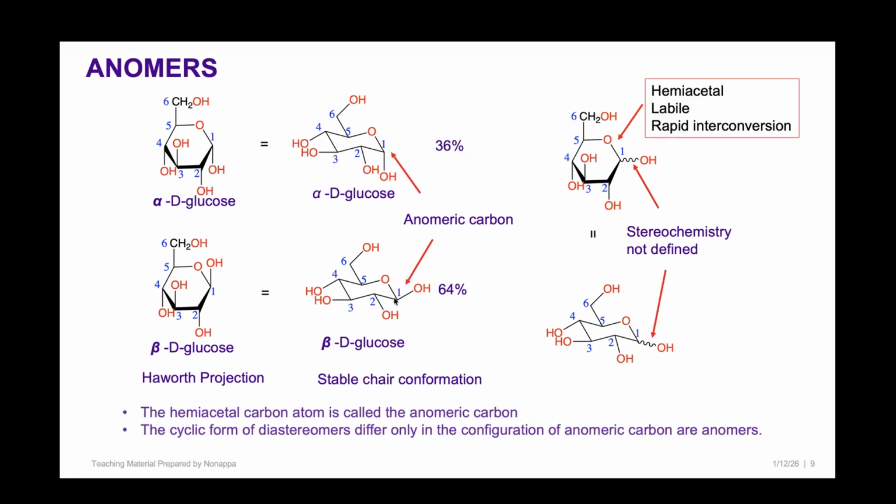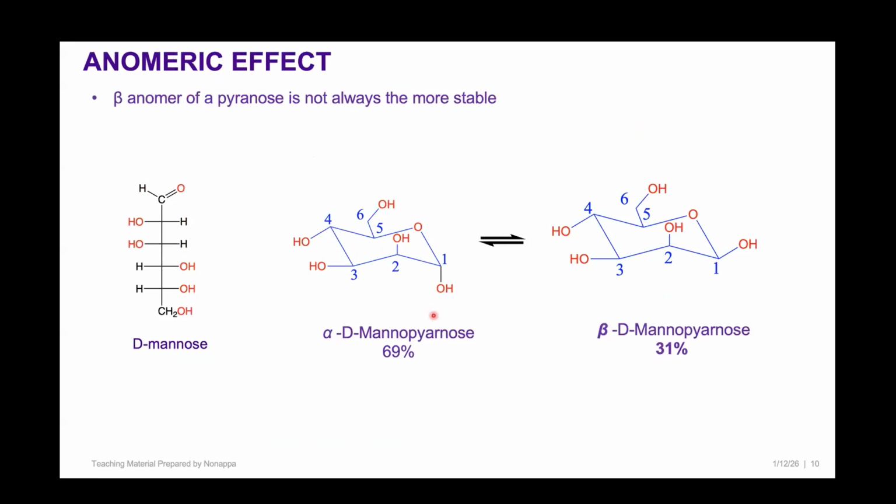So these are a special case of diastereomers where the stereochemistry of the hydroxyl group is different at carbon number 1. The isomers differ only in the stereochemistry at the hemiacetal carbon, or carbon number 1, and this particular carbon is known as the anomeric carbon. So we have anomers, we have the anomeric carbon.